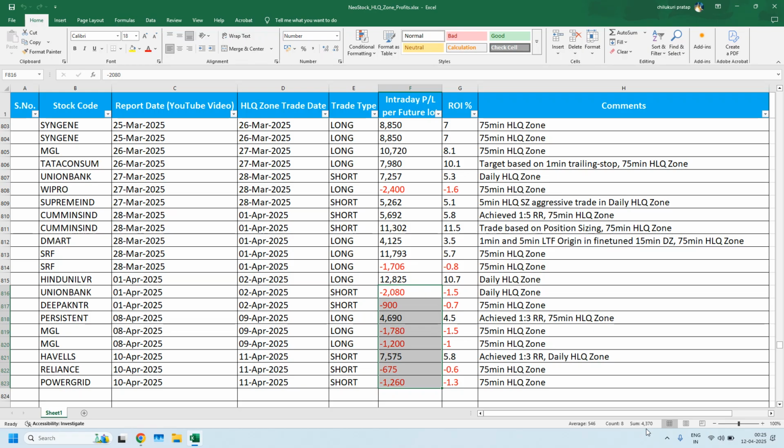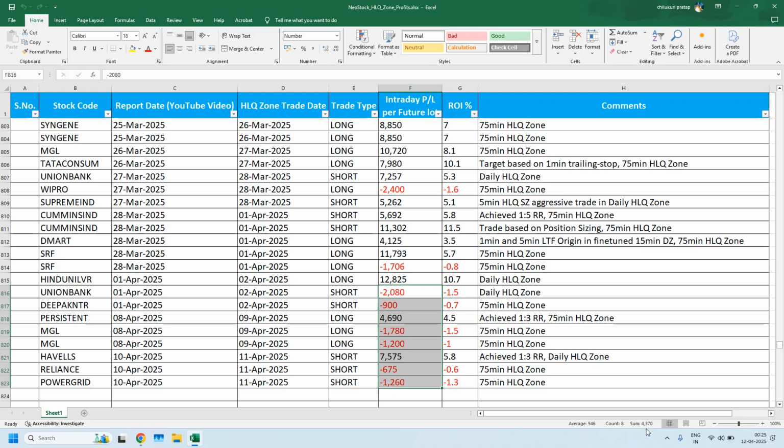In 10 days, out of 8 trades, 6 are stopped out, and only 2 are 1:3 RR profits you booked. Even then you got the profit. That is the reason why I am always suggesting to beginners, don't look for the 15 minutes target. Look for only 1:3 RR. Still you will be in profit.